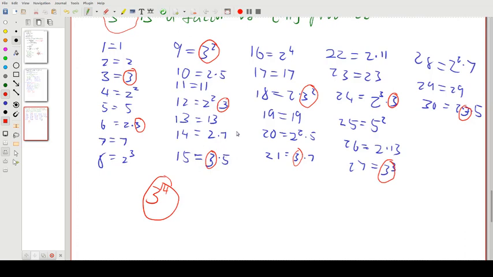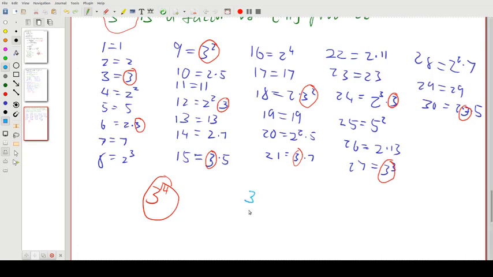So that's quite tedious. Like I said, if you want to do it slightly shorter, we could just think of all the numbers that contain 3's as factors. Let me do this in a slightly other color. So we could say all the multiples of 3 are the only numbers we have to look at.